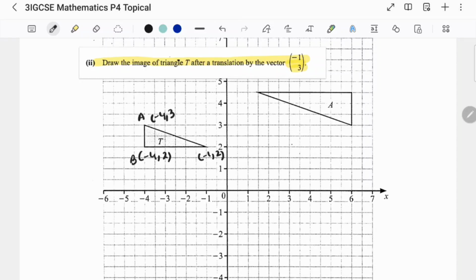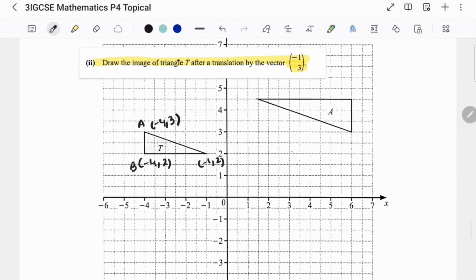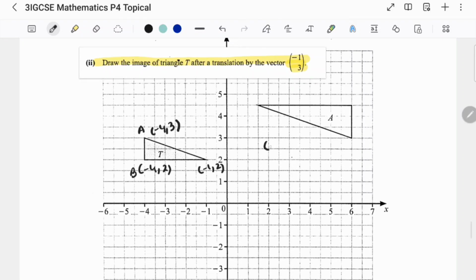For example, for A we'll have to translate A, and the translation vector is -1, 3, so -4, 3 and -1, 3. All right, so let's see what will happen. You will get -5 and 6. Remember, -5 and 6 is the answer.